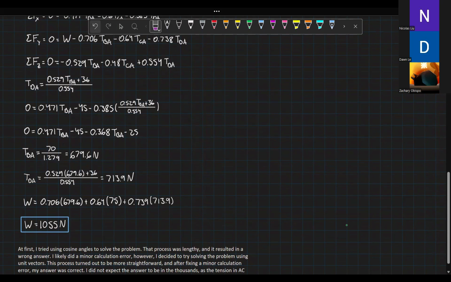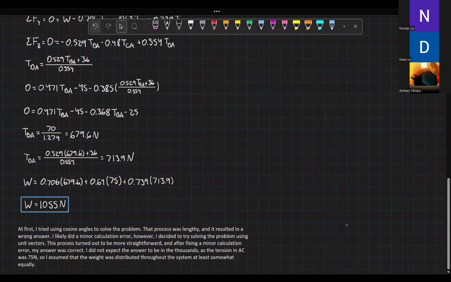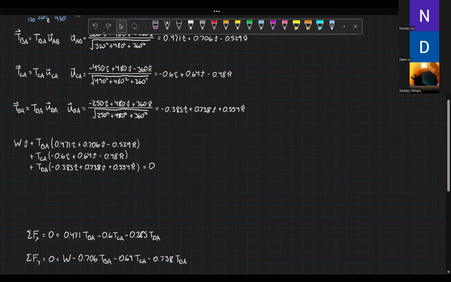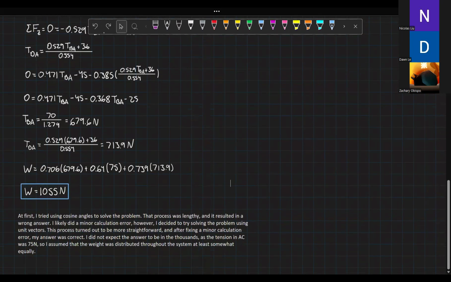And then from there, you can solve for the weight by taking the j unit vectors, which is 0.7, 0.64, 0.729, and multiply them by your given tension values. And then from there, you get the weights.